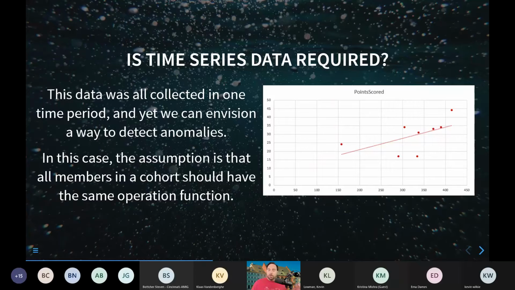The game was much less of a passing game by that point. The league has changed significantly toward being a passing driven league. And if you compare stats from the 90s to stats from today, there's a radical difference between the two. Stats from the 70s to stats from the 90s, radical difference between the two. And so if I were to plot 1 week in 1978 and 1 week in 2019, those would actually have different operation functions.